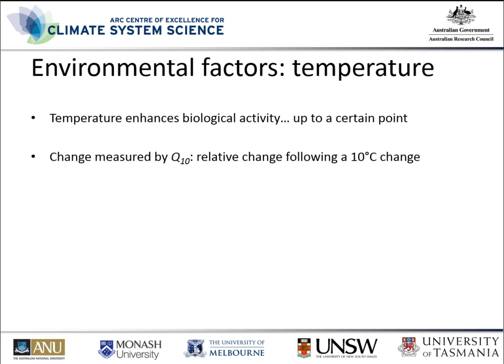But if it's at good temperature, between 0 to 30 degrees, the biological activity starts up to a certain point. We don't know what will happen if soils go up to 70 degrees or something like this. The change is measured by a value Q10, which is the relative change in activity that follows a 10-degree change in the soil. Okay?